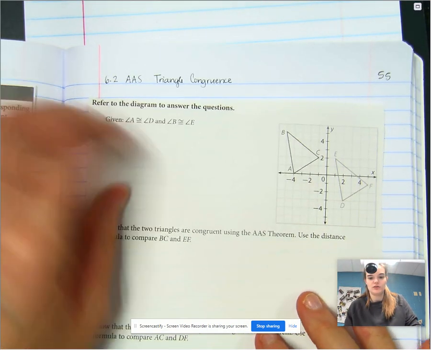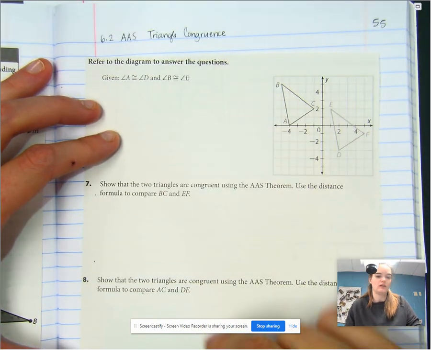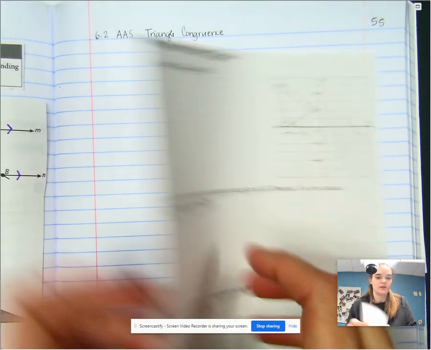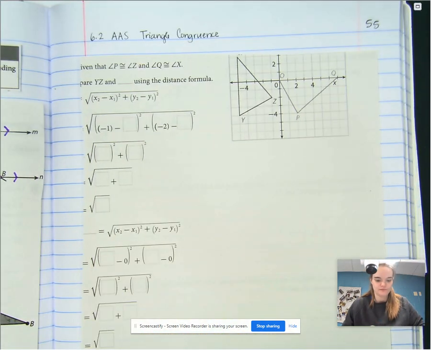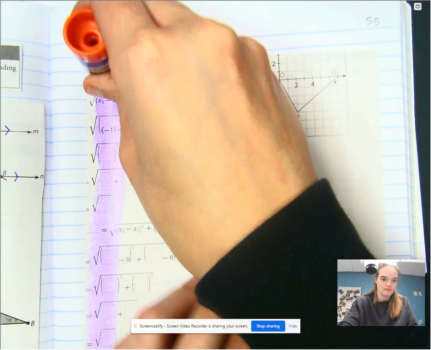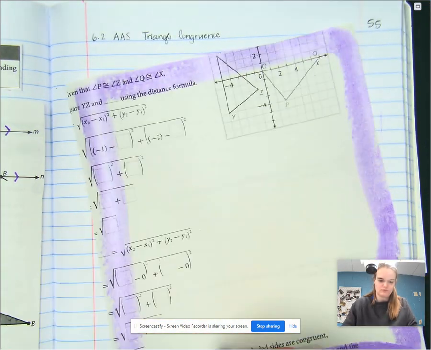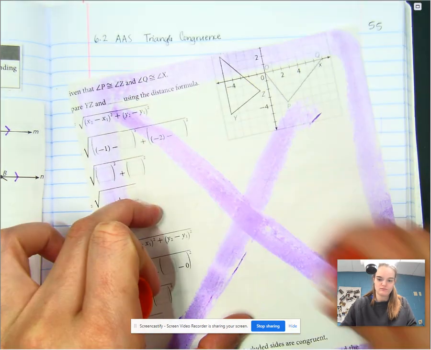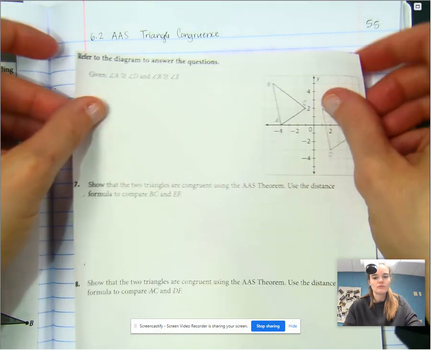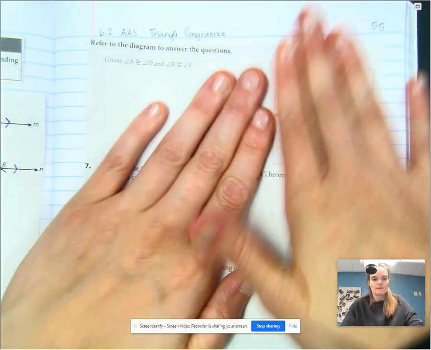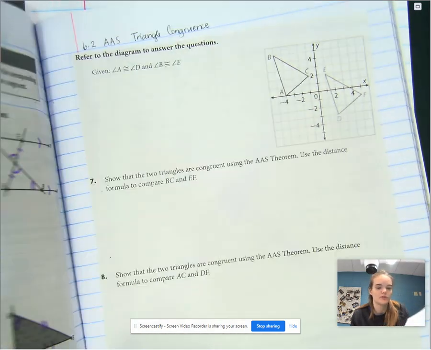You're going to trim it down so you have the diagram and 7 and 8. Doesn't matter if you have a lot of space down here or not. I'll glue this in. Okay, that's crooked and it bothers me. It might not bother you.